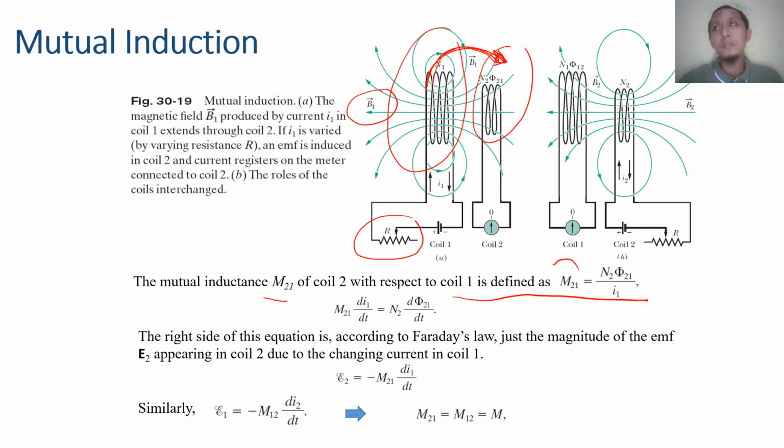To calculate M21: M21 is the mutual inductance of inductor 2 because of inductor 1, and in inductor 1 we change the current, so M21 depends on I1.